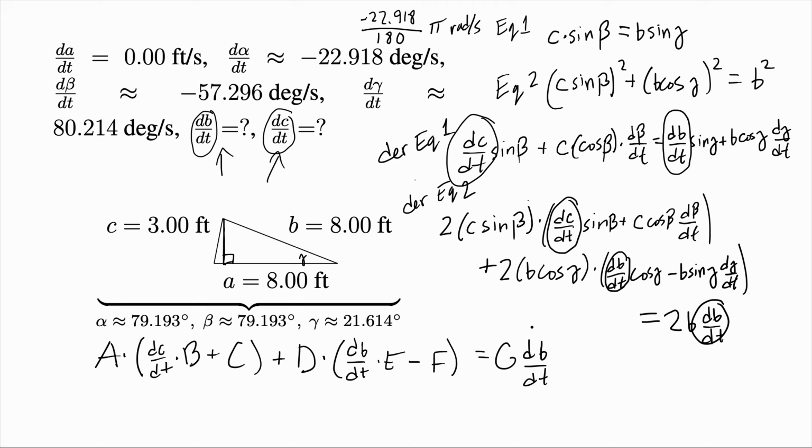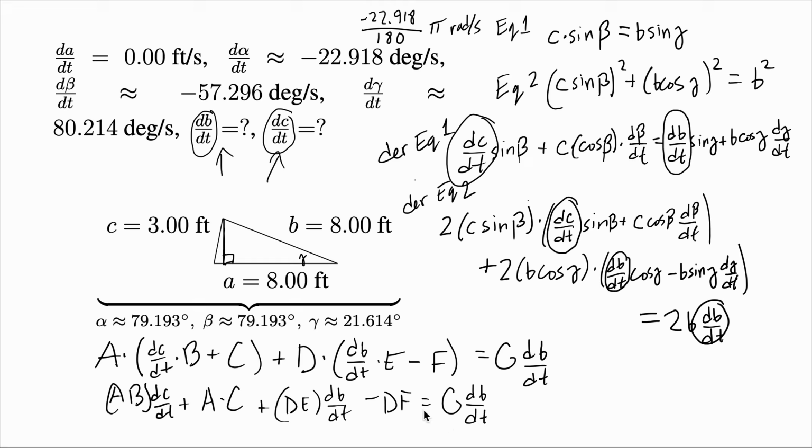Now, keep in mind we can distribute things in. If we distribute, we have A, B, dC/dt, right? So we're just going to get a number like A times B times dC/dt, and then A times C, plus, and then this part is just dE dB/dt minus dF is equal to G dB/dt.